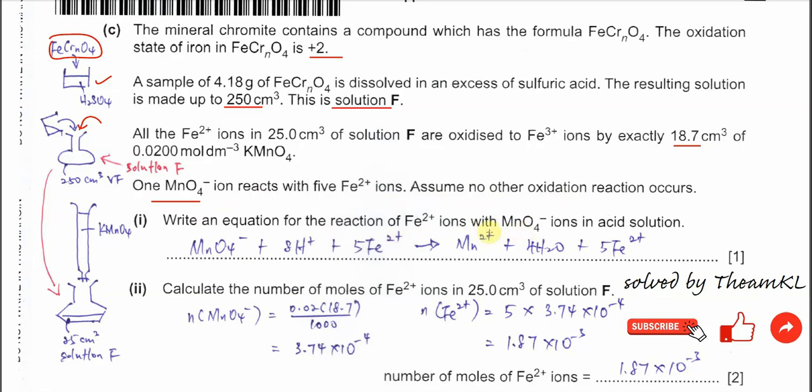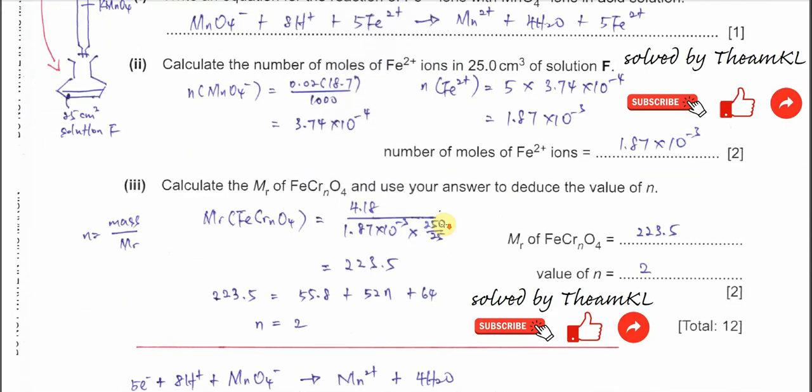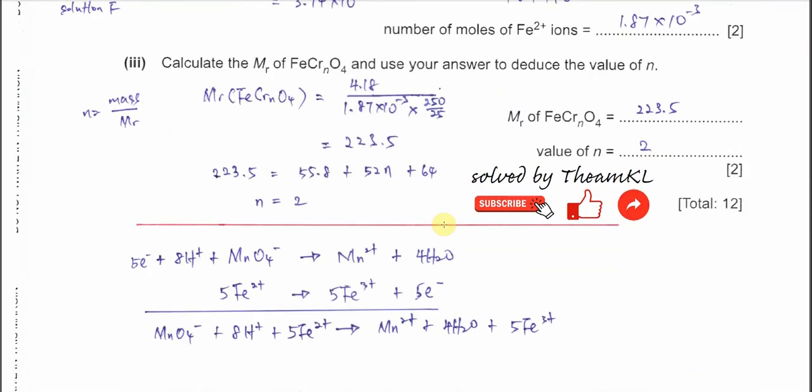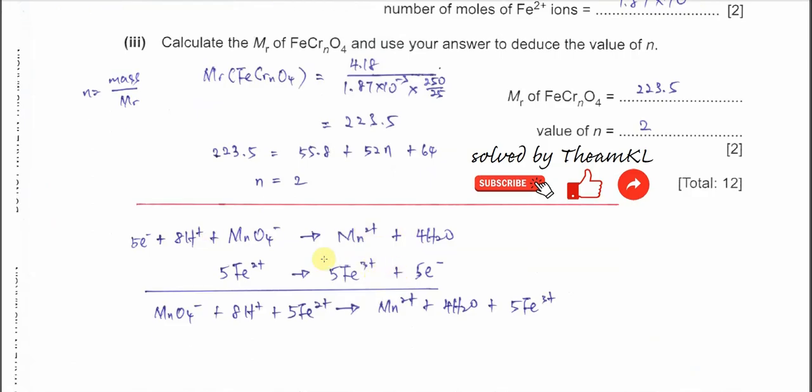For this one, if you want to construct the balanced full equation, you can do this. If you have time, you do that. Normally we don't need to do this, I just show you how to do it. First, you start from this manganese 7 ion, reduced to the manganese 2 ion, and after that you have to balance the elements.